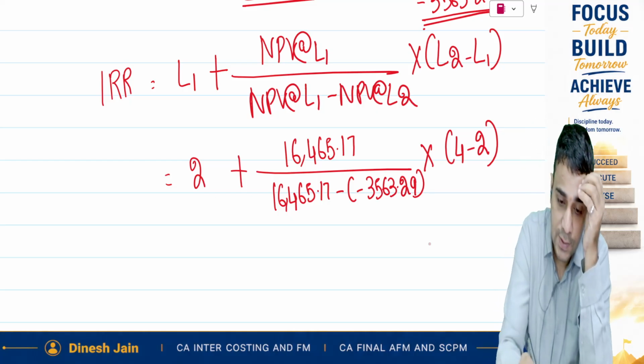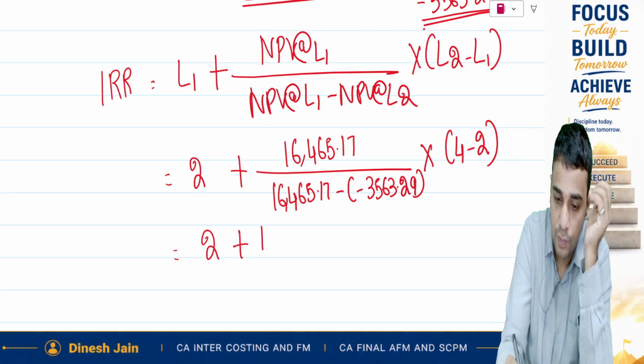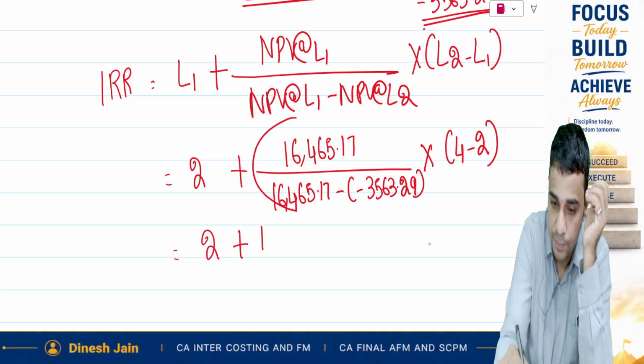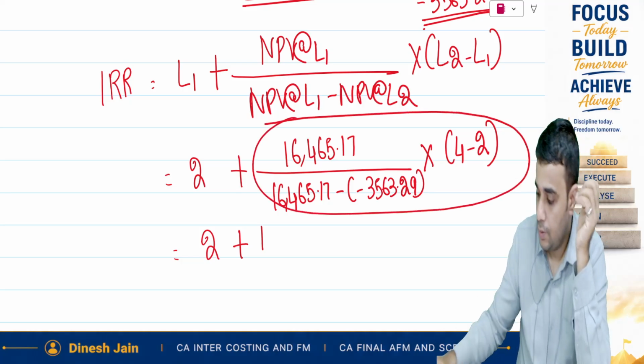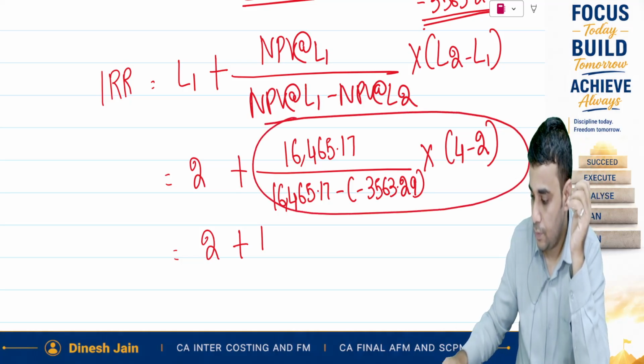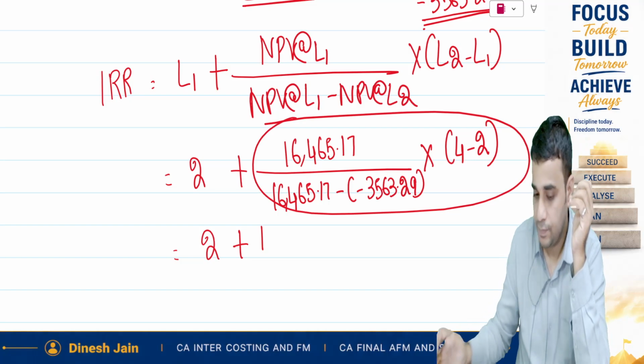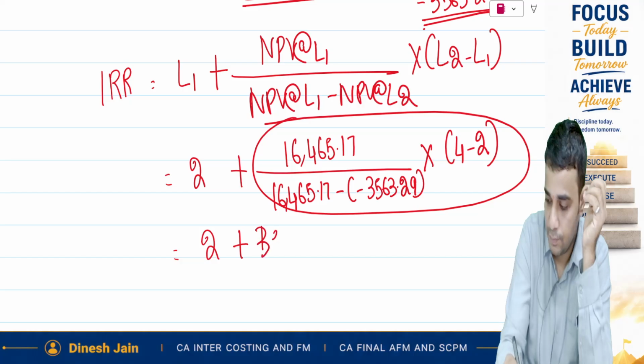Live online, guys. 2 plus how much? Now, what is this number? When you multiply, what do you get? One point.